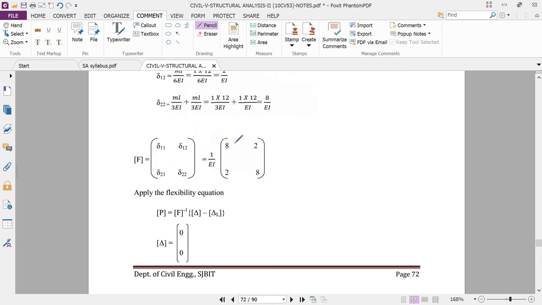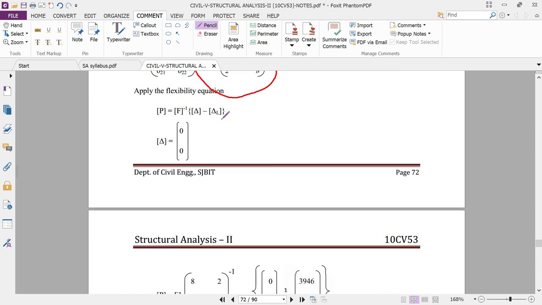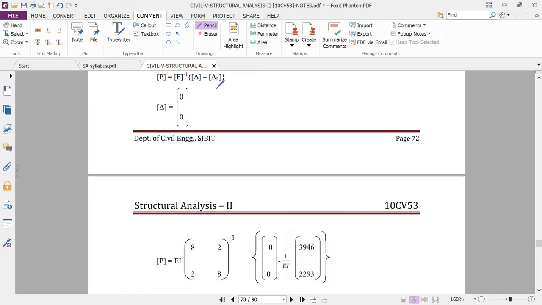and you will get the answer of 1 by EI 8228. Here again, if you see, the flexibility matrix that you obtain is exactly symmetrical. Now apply the unit flexibility equation: P is equal to F inverse times (del minus del L). The del value is always 0, as there is no displacement of the particular supports.